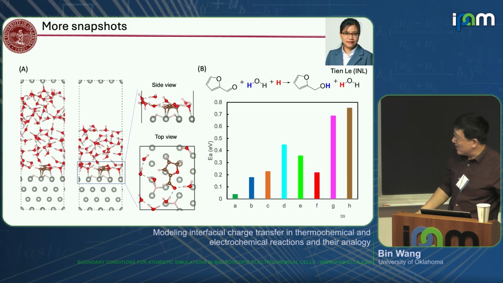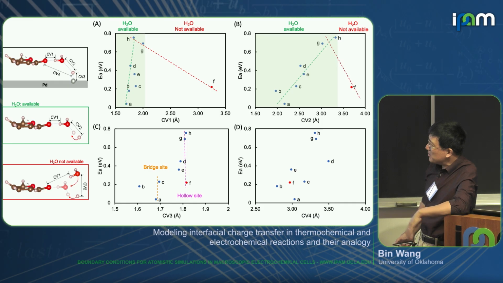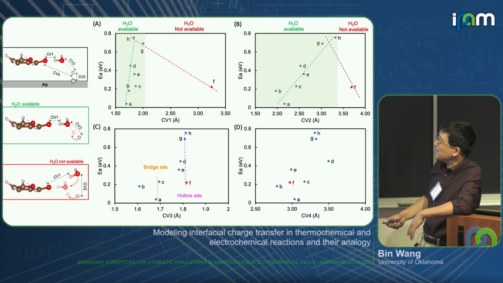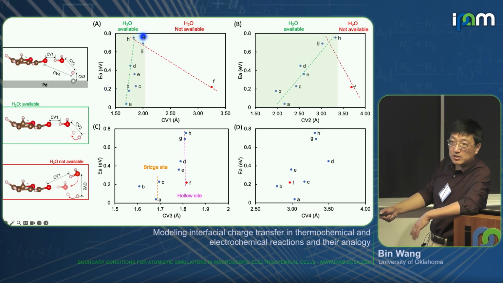So how to address that? First, how to explain why it depends on that. In fact, it can be quite easy to explain. Because we are looking at this hydrogen transfer process, we can look at collective variables. One is the distance between water and the hydrogen. The other is the distance between water and the aldehyde, because this is where the hydrogen has to go through the whole path. You can immediately show that if you increase CV1, which is the hydrogen bond between aldehyde and the water, the barrier increases dramatically.